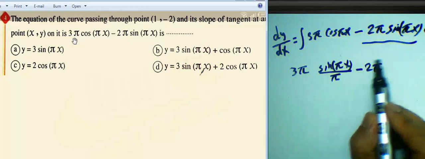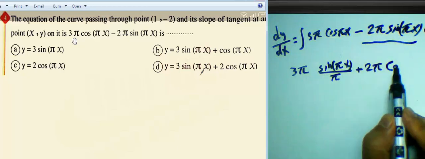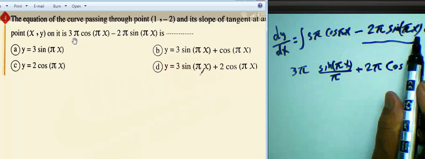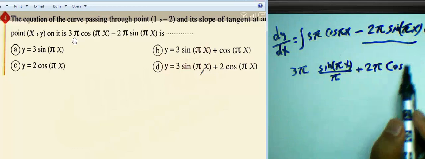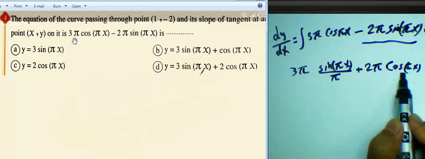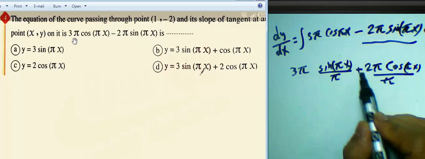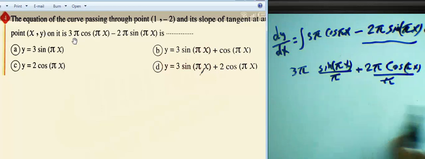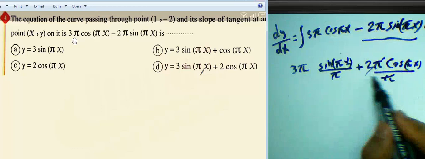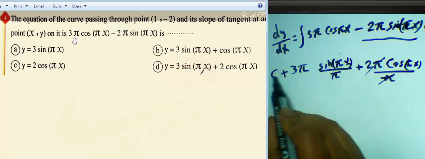The integral of sine is negative cosine, so the integral of sin x will be negative cos x, divided by negative. Negative times negative equals positive. We can cancel and write the constant outside.